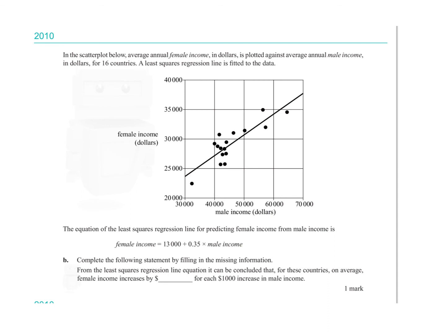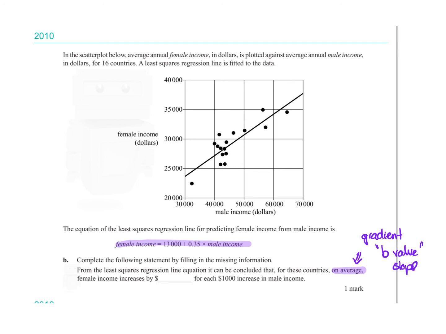Okay, so here we've got another scatter plot and the line, and they're asking me to fill in the blank, and it says from the least squares regression line, it can be concluded that for these countries, on average. So when you see this word, on average, they're talking about the gradient. So that's a word we use for gradient, which means the b value or the slope.